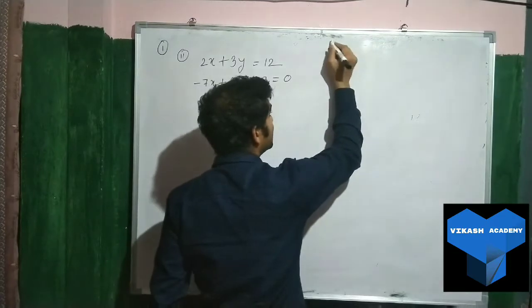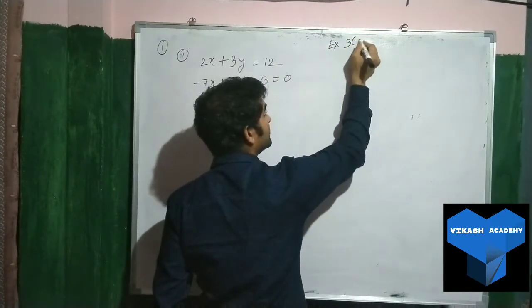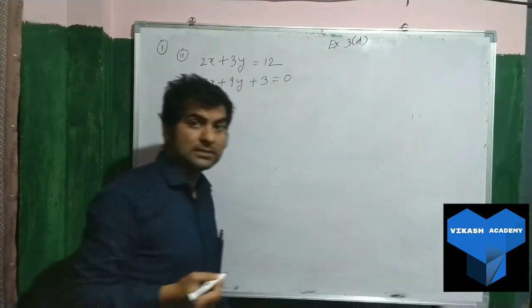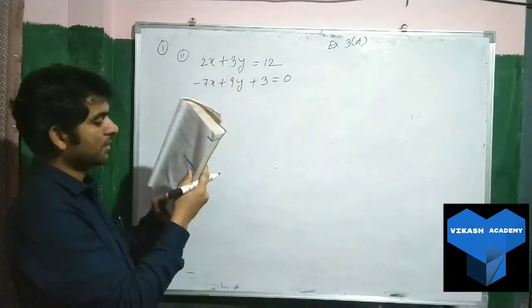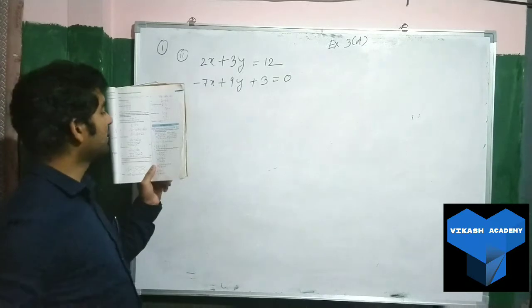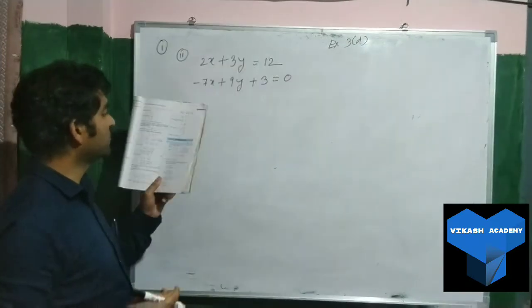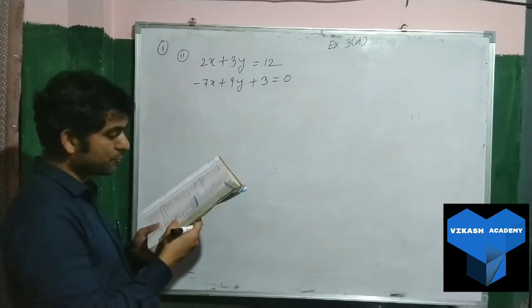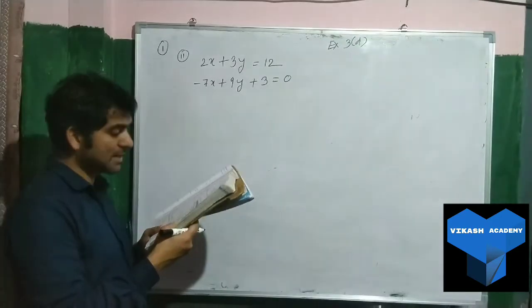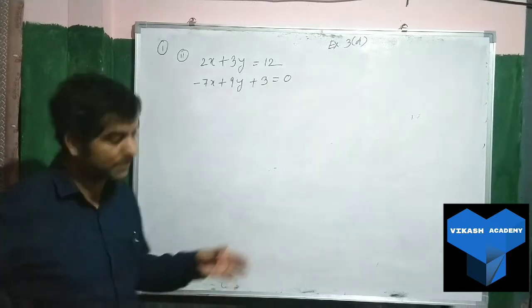The exercise which we are doing is exercise 3D, question number 1, subdivision 2. We have 2x plus 3y is equal to 12, minus 7x plus 9y equal to 3.